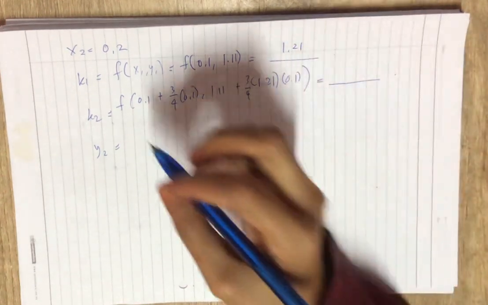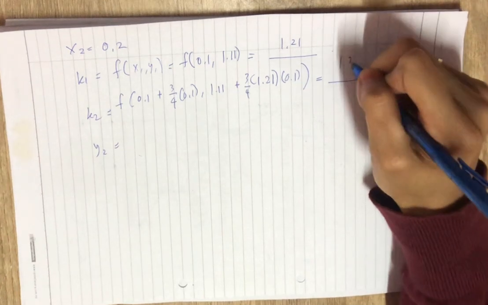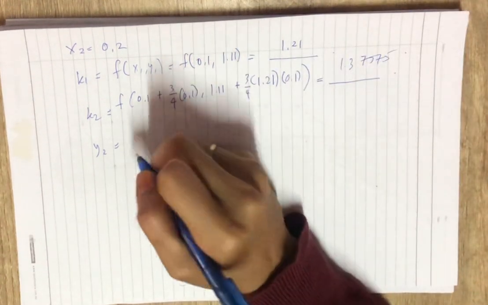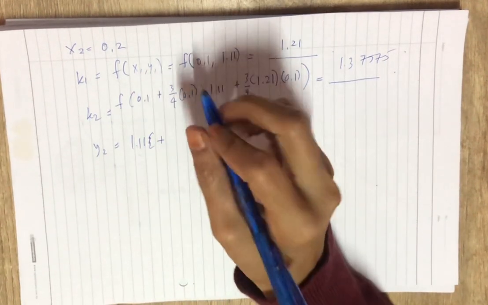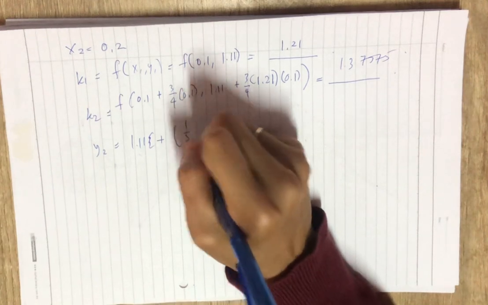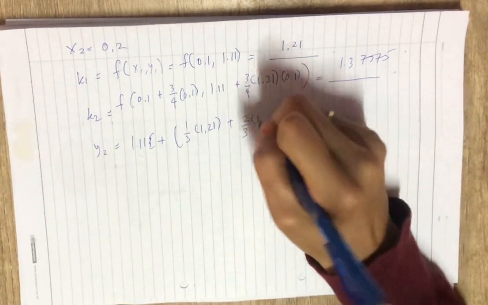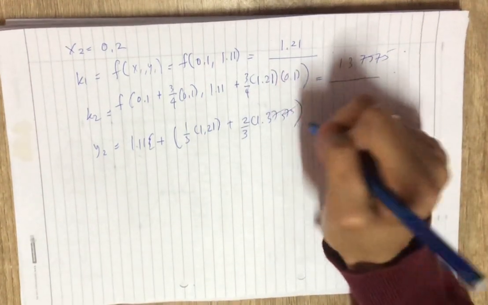The last one is 1.11 plus 1 over 3 times 1.21 plus 2 over 3 times 1.37575.